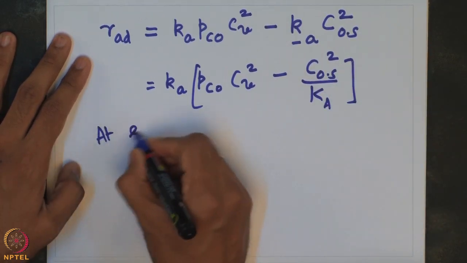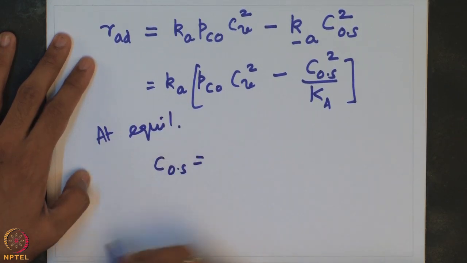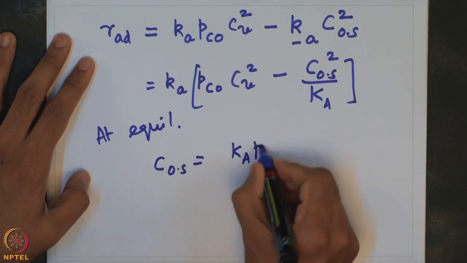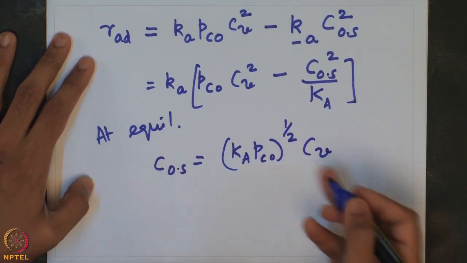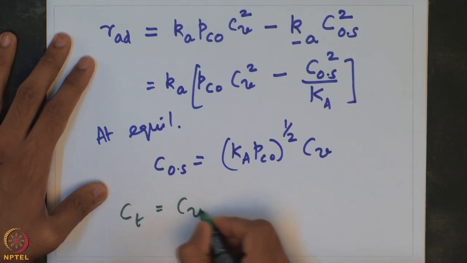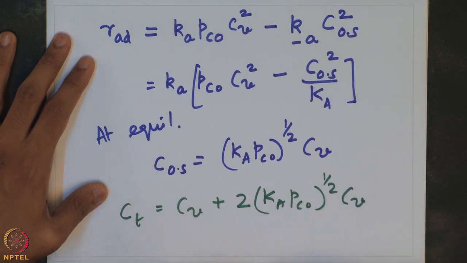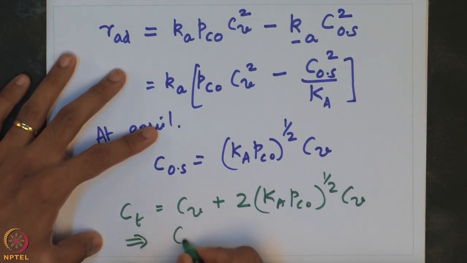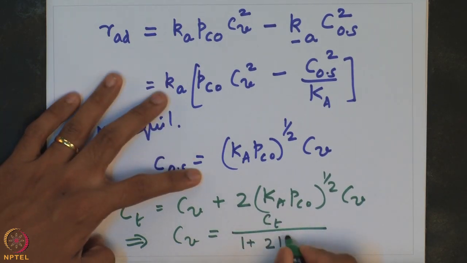So, at equilibrium Cos is given by Ka into PCO to the power of half into Cv. If I now plug this into the conservation rule, I will see that Ct is equal to Cv plus 2 times Ka PCO to the power of half into Cv, or from here Cv is equal to Ct divided by 1 plus 2 Ka PCO to the power of half.